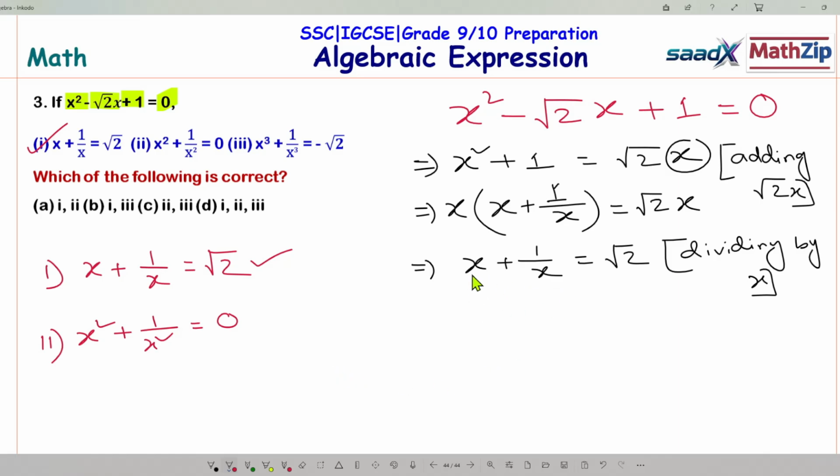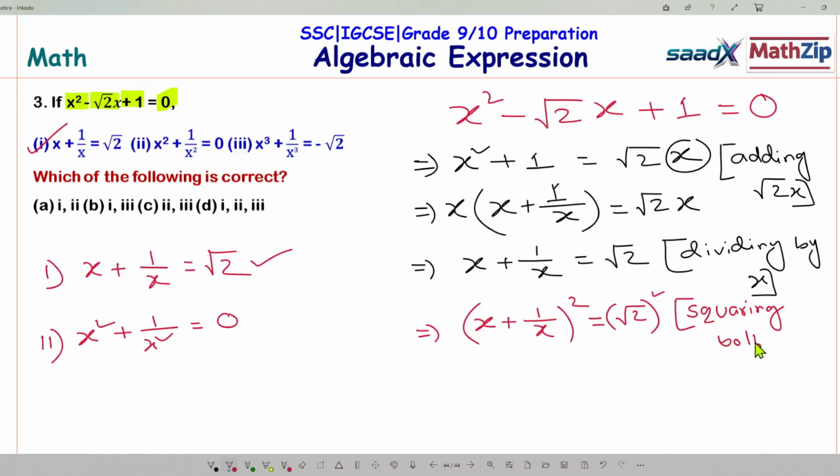Now here x plus 1 by x equals root 2, correct. Now we can square both sides. It means x plus 1 by x whole square equals root 2 square. It's a very simple thing.